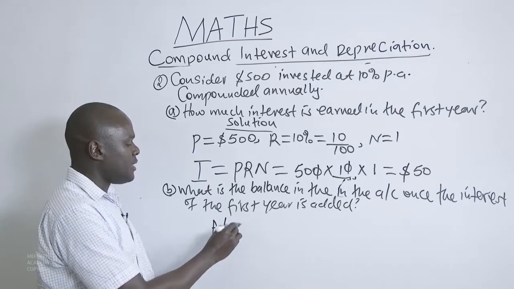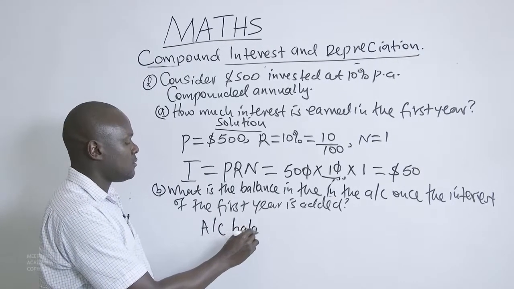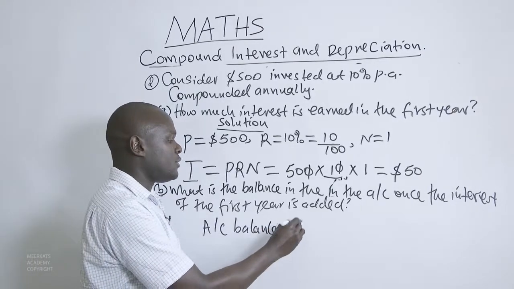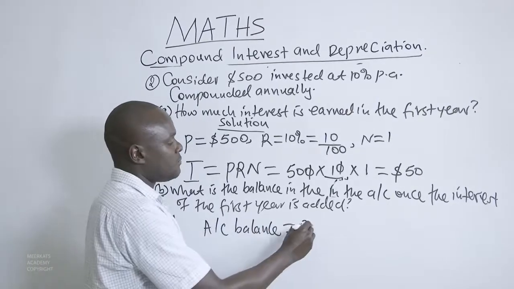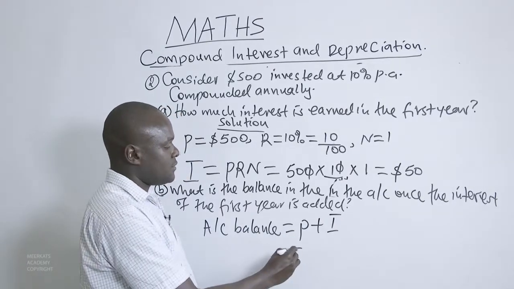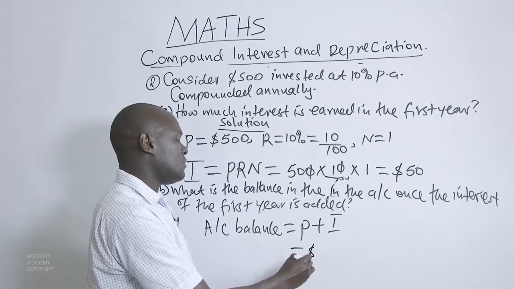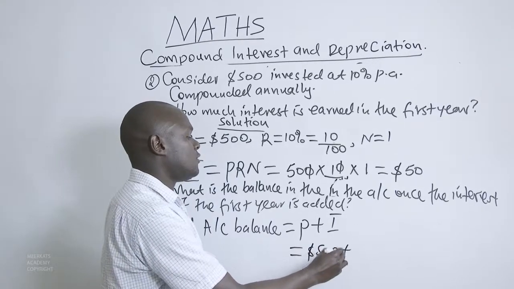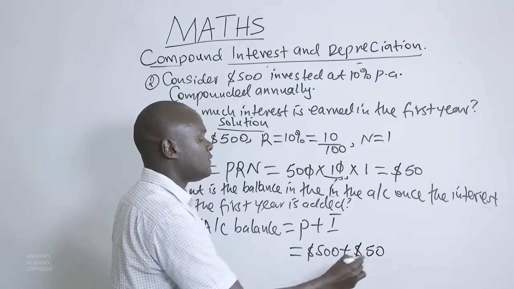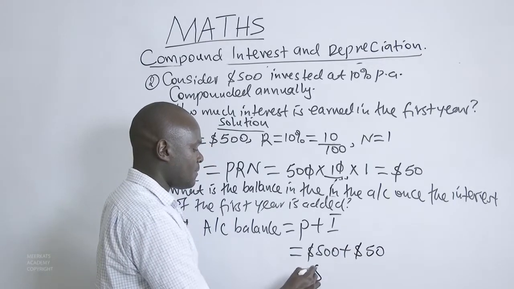So the account balance will be the sum of the principal investment plus the interest in the first year. And this is going to give us $500 plus our $50, which is the interest.